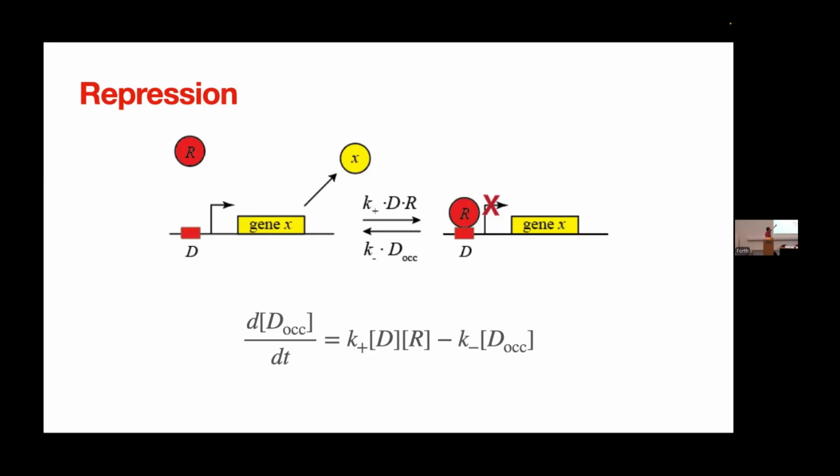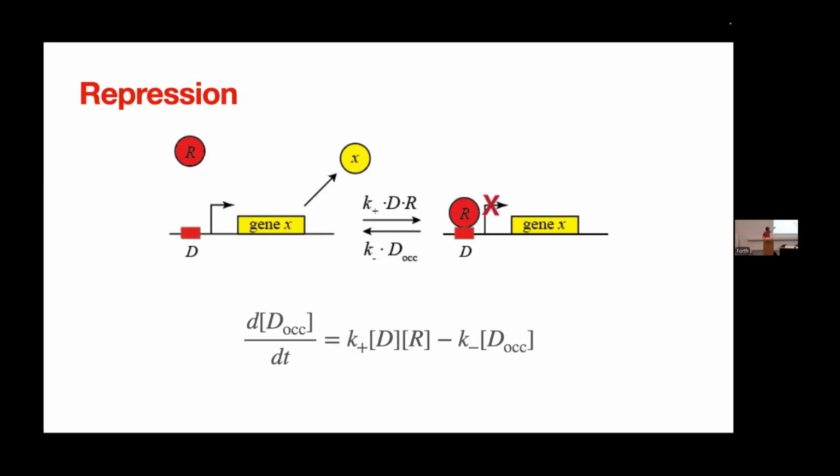It's some constant, let's call it K plus, times D times R. That's what the rate is. And then in the other direction, there's always reversibility in chemistry. So if you bind in one direction, you can also unbind again. And this would just be proportional to the number of occupied slots. So D-oc would be the occupied slots, and D without a subscript would be the free ones.